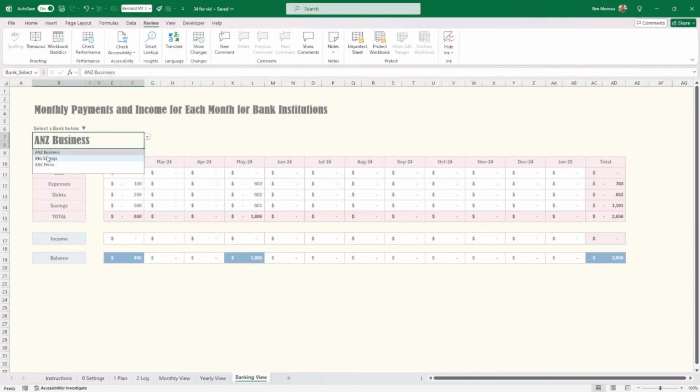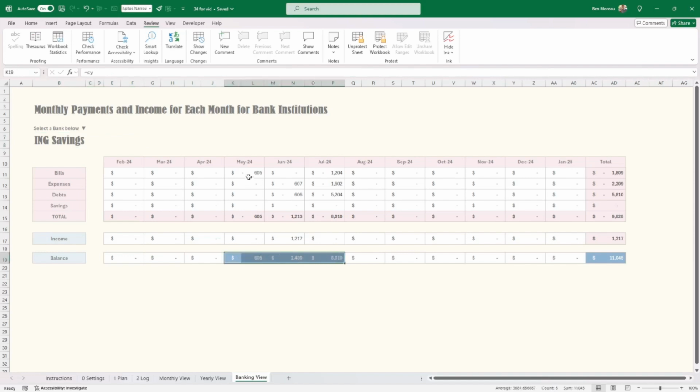But that gives you a bit of an idea of what you have done with this bank account. So there is a balance here, and there are the expenses here and the income here. Totals as usual at the end.